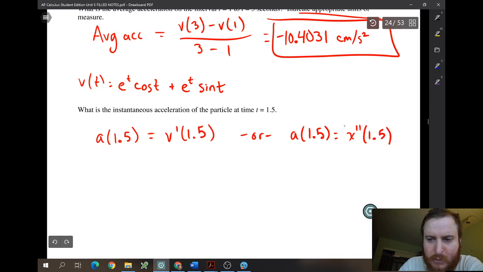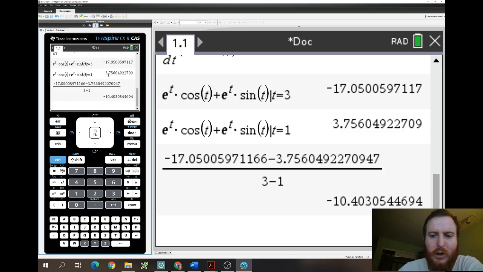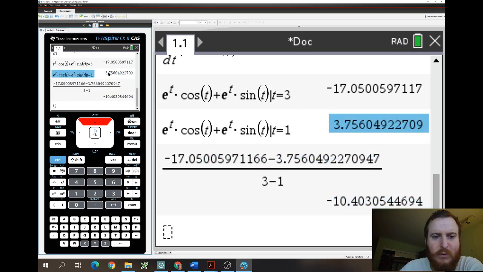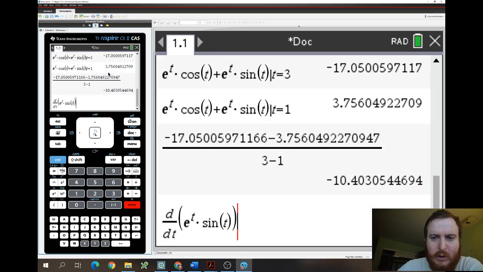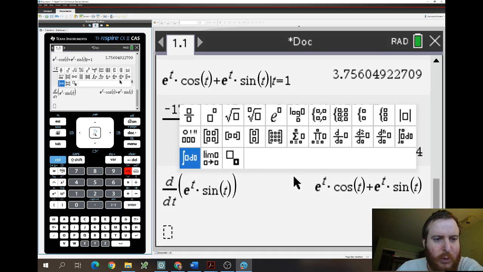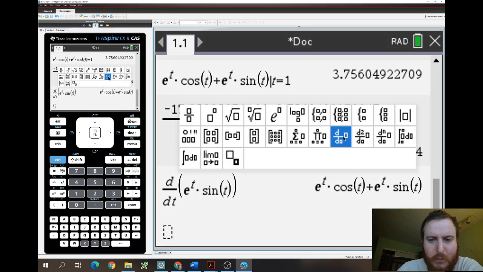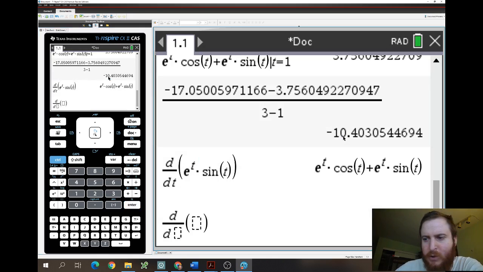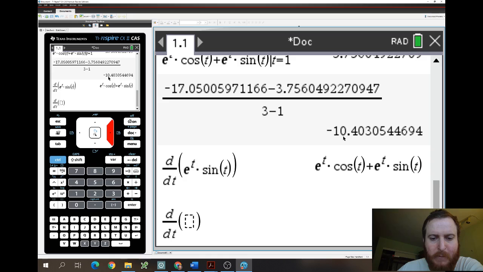It's the same thing, so we're taking the derivative twice. We already took the derivative once, and we got e to the t cosine of t. Now we're going to take the derivative of that a second time, and that's when we plug in 1.5.